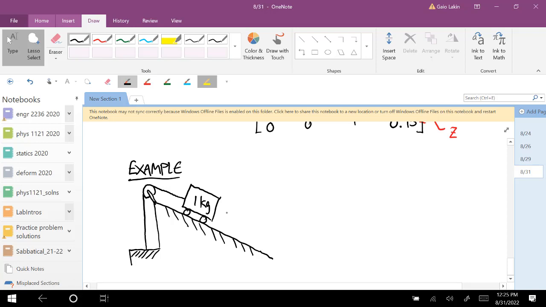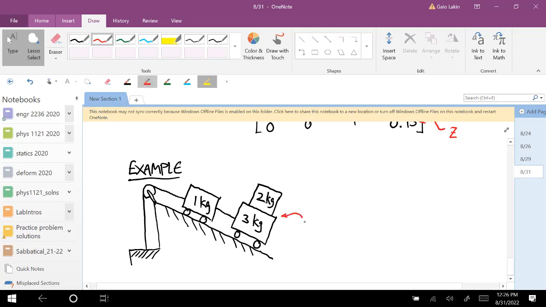And then another cable, a separate cable, leaves the back of the 1 kilogram cart and attaches to a 3 kilogram cart. And sitting on top of the 3 kilogram cart is a 2 kilogram mass.